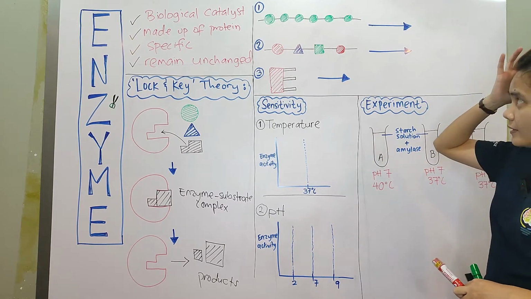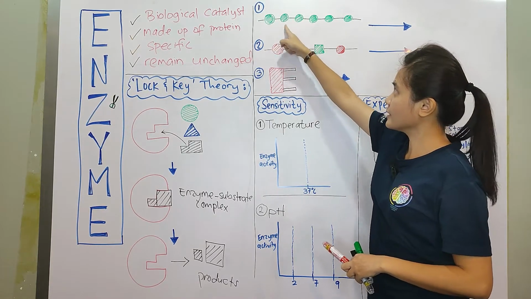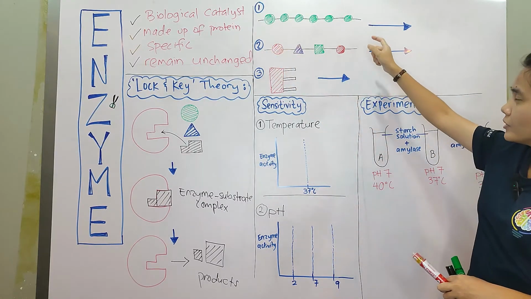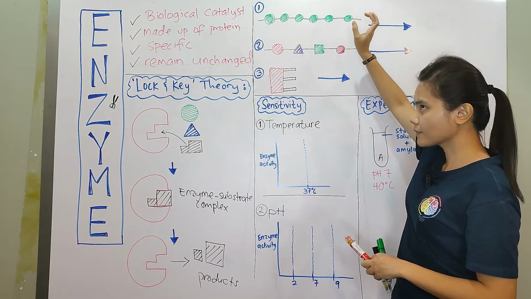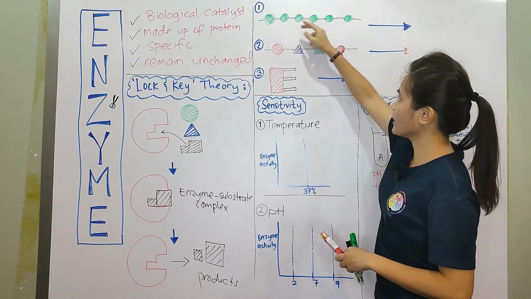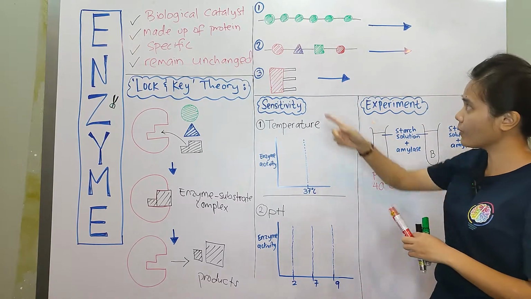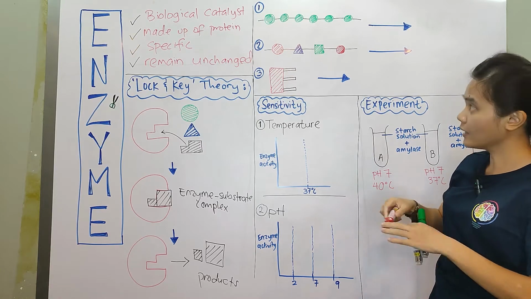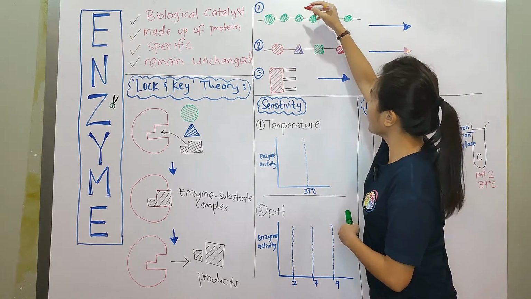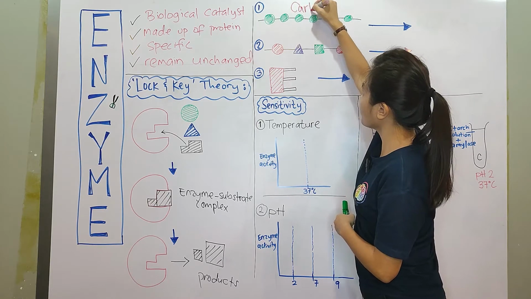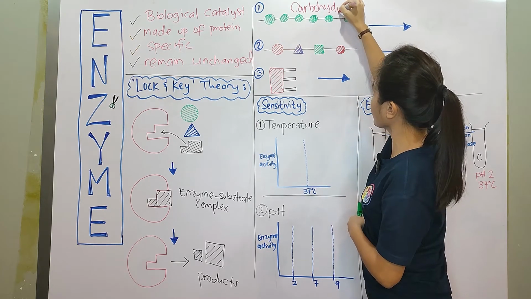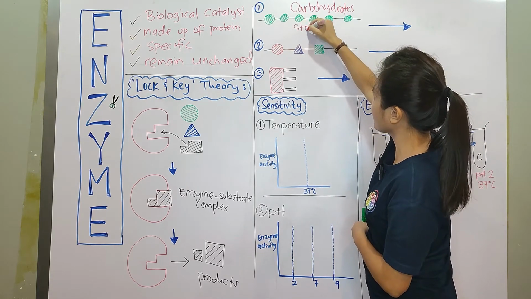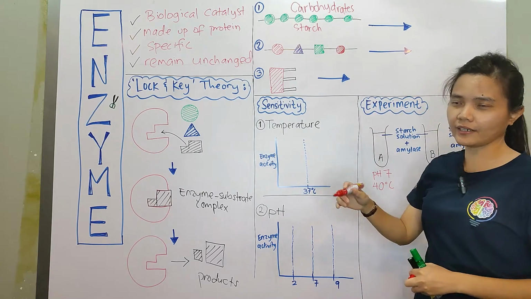So the first one, you have a molecule and it is made up of the same monomer. Single particles joined together and form a larger molecule. So what is this? That is your carbohydrates, or it is also called starch.